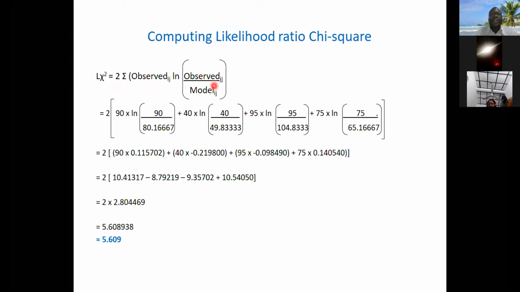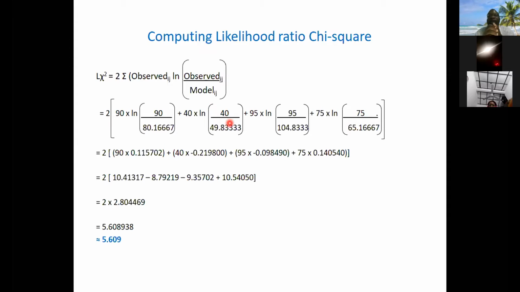Now, observed minus expected. In logarithm, the corresponding mathematical operation for addition in arithmetic is multiplication, while the corresponding operation for subtraction is division. So in the other one it is subtraction, observed minus expected, and here it's observed divided by expected.